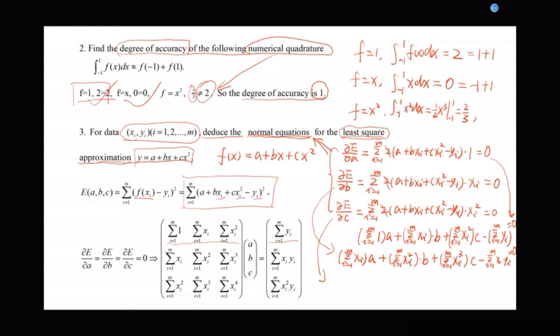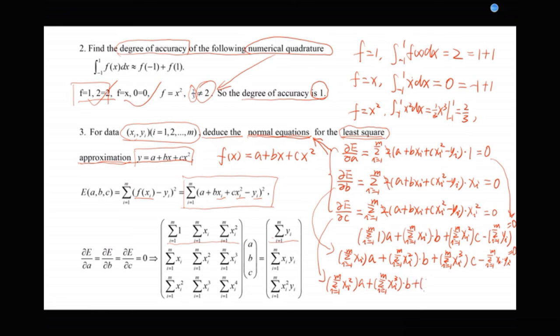Okay, last equation, partial E, partial c. So sigma i from 1 to m. Here, don't forget to multiply xi squared to each term. So xi squared multiplied by a. Plus sigma i from 1 to m of xi cubed, because of the one power and the square, multiplied by b.